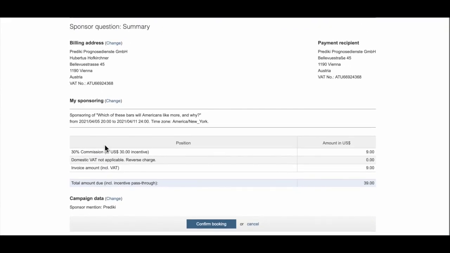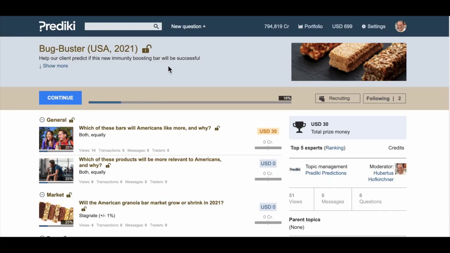I can pay by credit card, PayPal, and once I do that, the incentive is shown on the prediction market page for the participants. We go back to our battery, and we can see here now that the prize money is shown to participants. It's still yellow, waiting to start in about an hour.